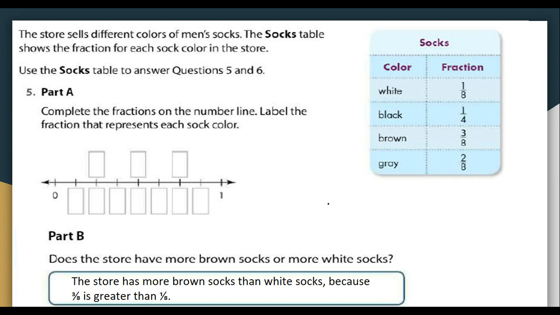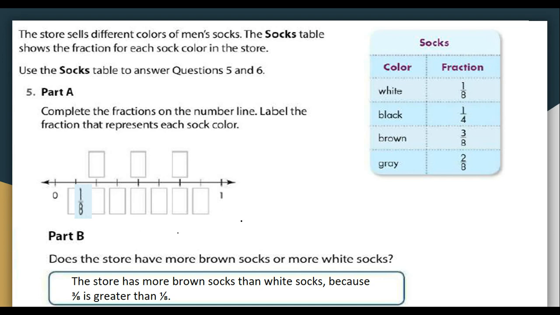Okay, so let's look at our first fraction. We have white socks, and our first fraction is 1/8. So 1/8 would be found right there.